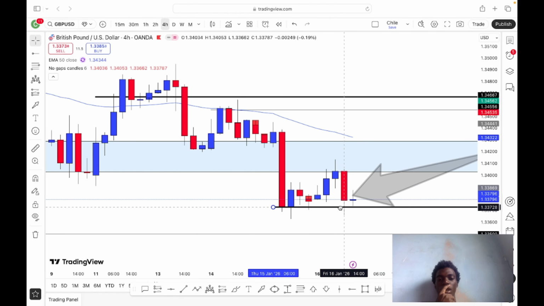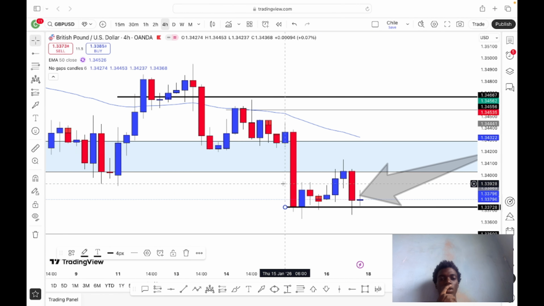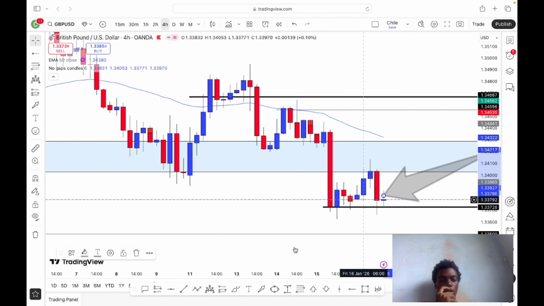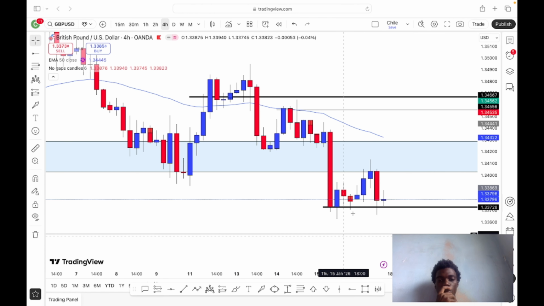What I can tell you right here, as price is pulling back into the area of interest. Let me just remove this. As price is pulling back into this area of interest, as you can see, let me just mark it out right here.